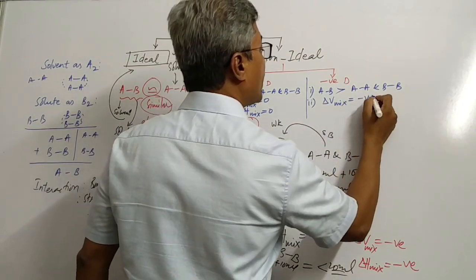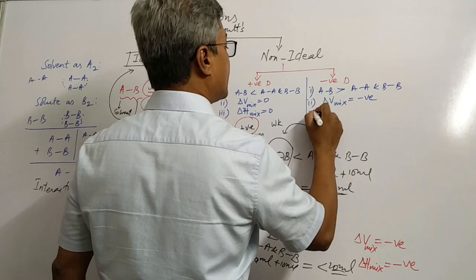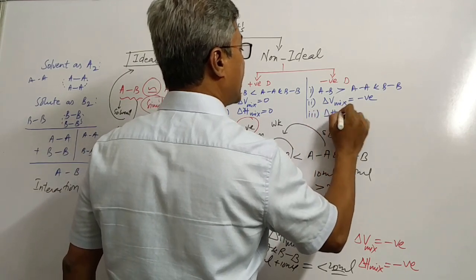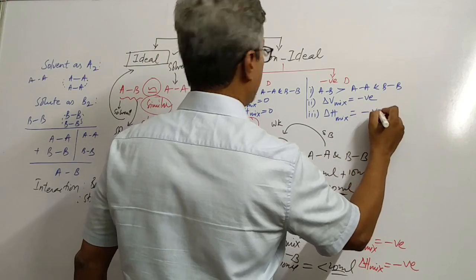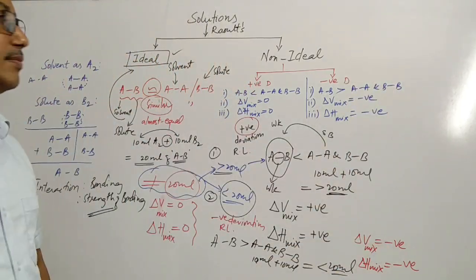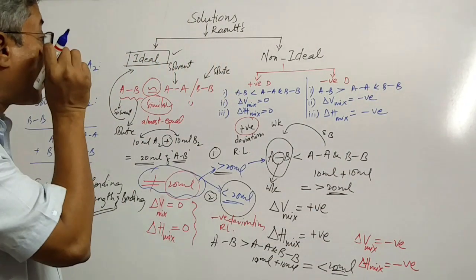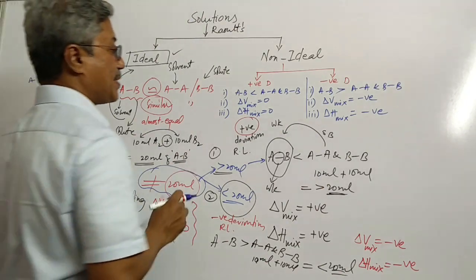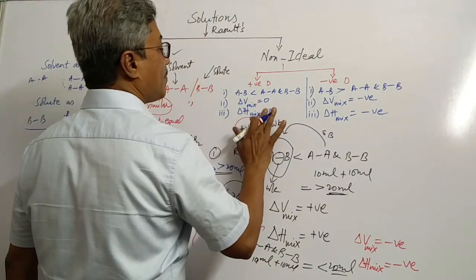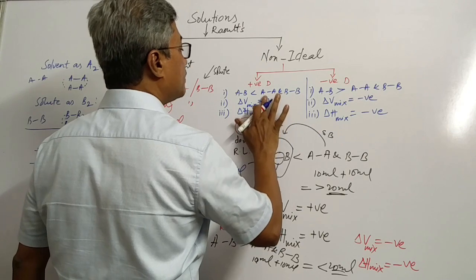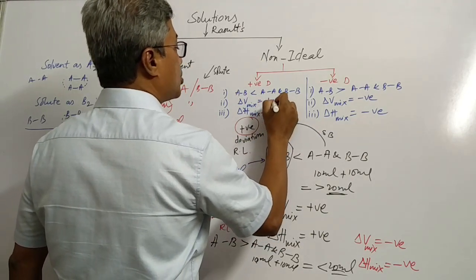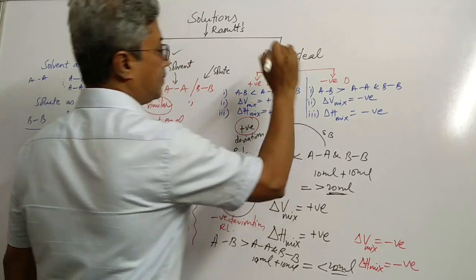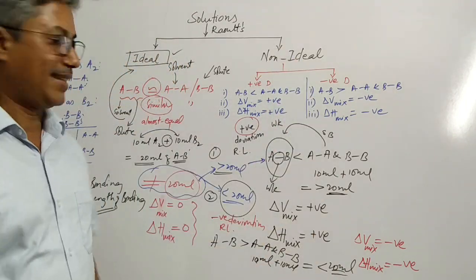And third condition is delta H, the enthalpy change upon mixing, is also negative. Okay, here some small corrections, students. It is not a 0. It is positive. Clear, students?